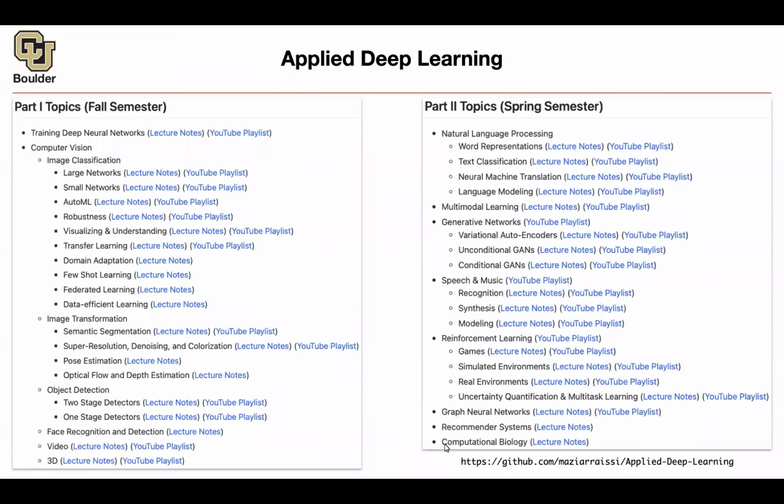What I'm going to be talking about today is going to be related to 3D, because we have a 3D geometry, and it's going to be related to AI for science. But the course is available online if you're interested in other topics in deep learning.